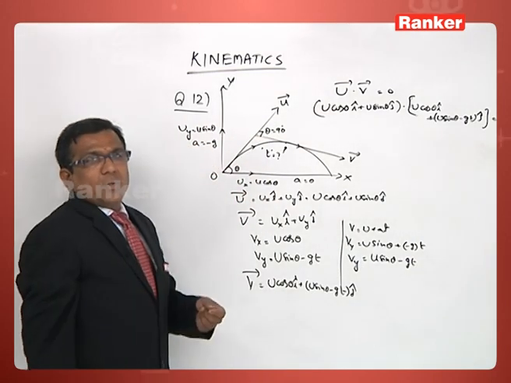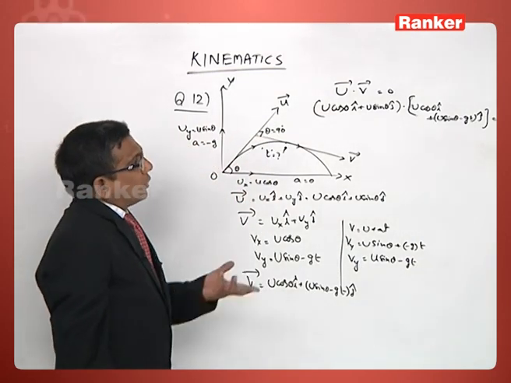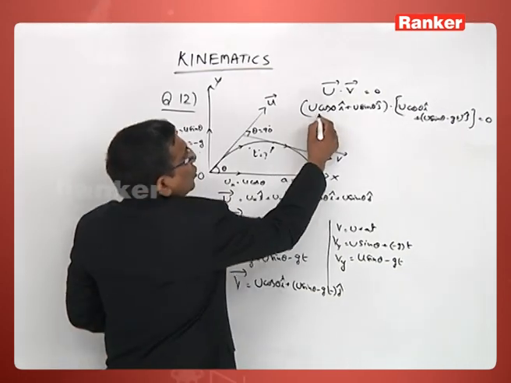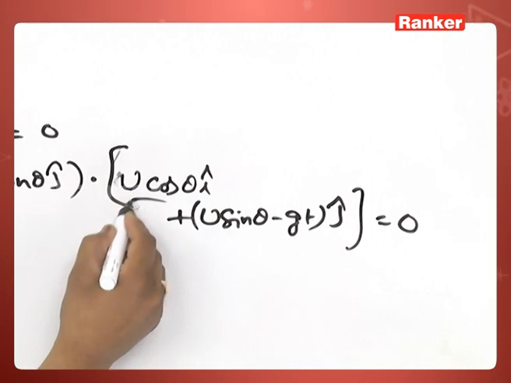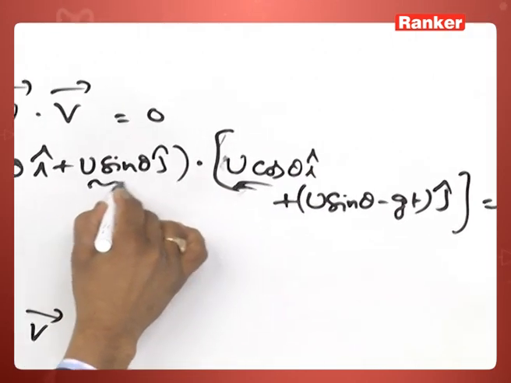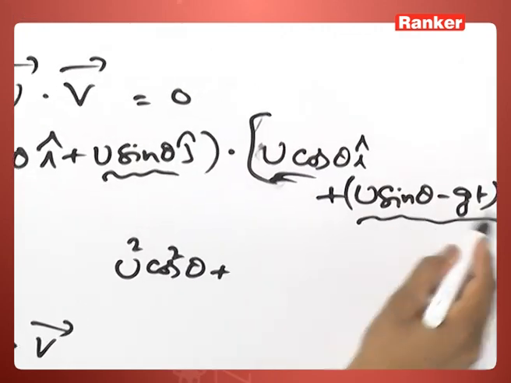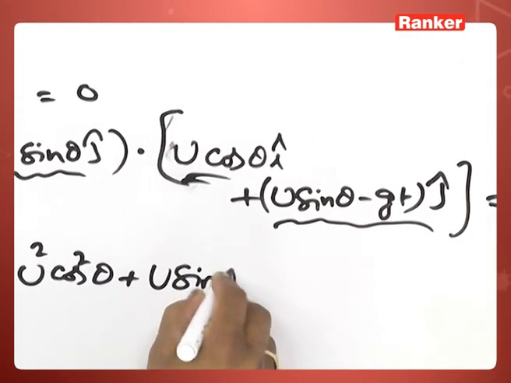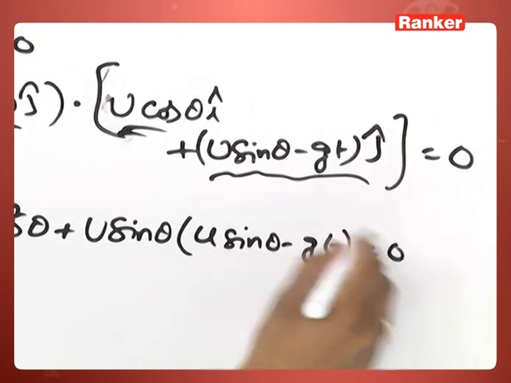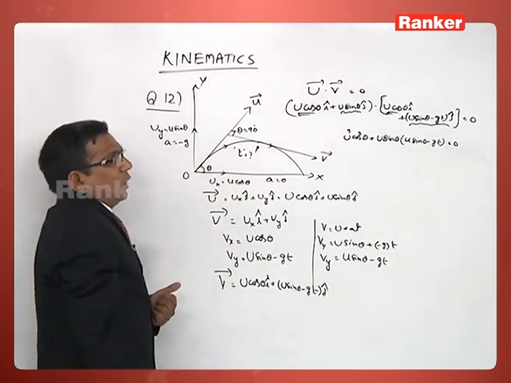So, this dot product, you know how to simplify. I components: u cos theta squared, u square cos square theta, plus j components, u sin theta into u sin theta minus gt, is equal to 0. If you expand this, you are going to get this.